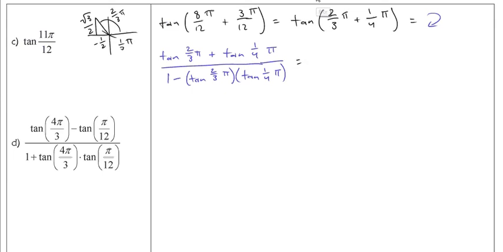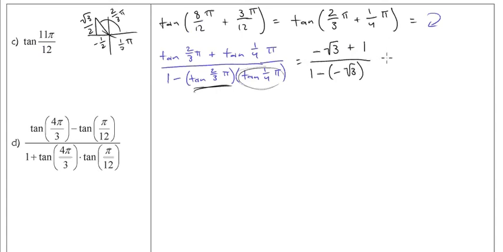What is tangent of 2/3 pi? Opposite over adjacent, so that's negative root 3. Plus tangent of 1/4 pi is just 1, over 1 minus negative square root of 3 times 1, which gives us negative square root of 3.